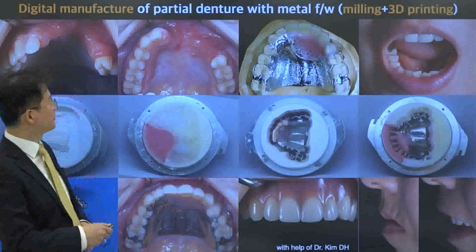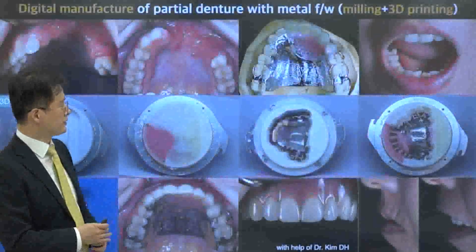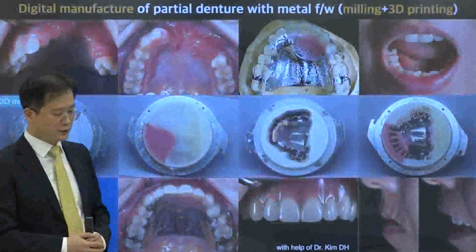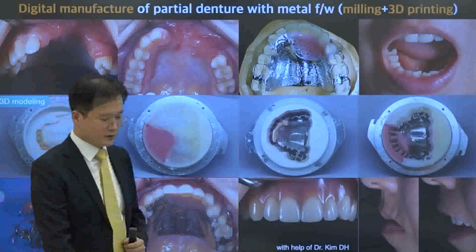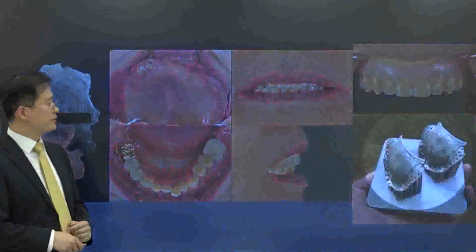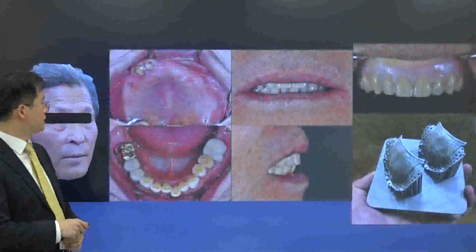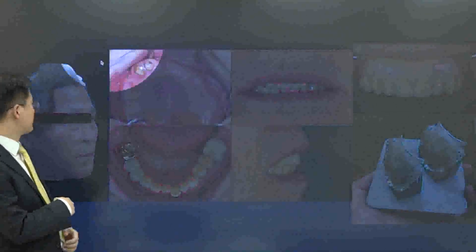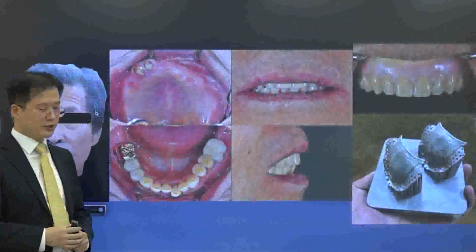I could digitally manufacture a denture with a metal framework easily with digital technologies. We can print out the metal framework with a metal 3D printer, and we can design the patient's denture by utilizing a virtual patient.